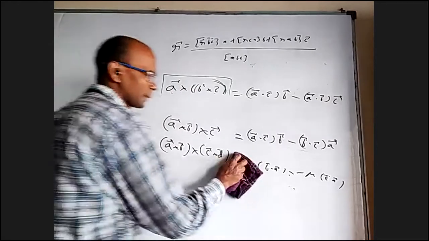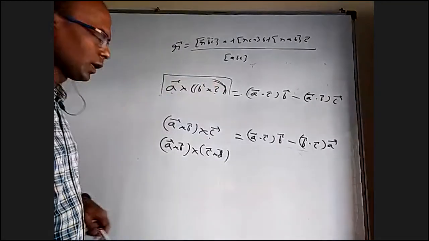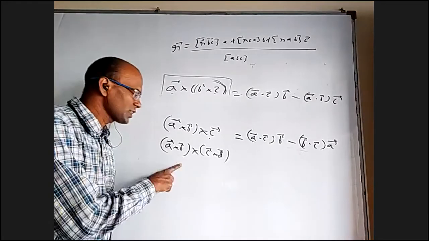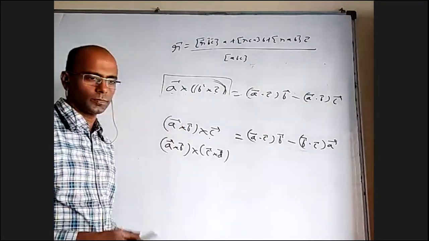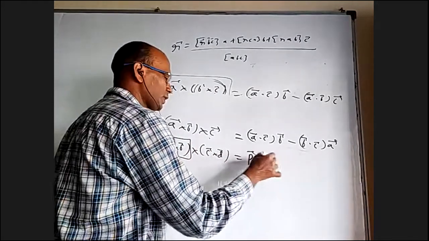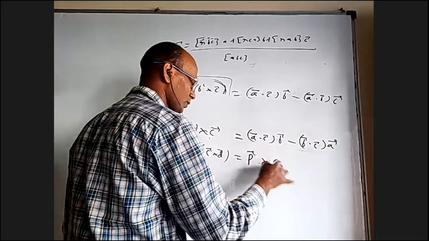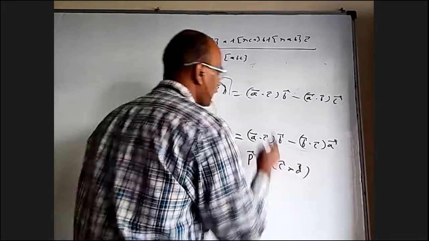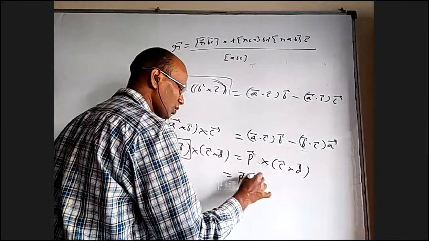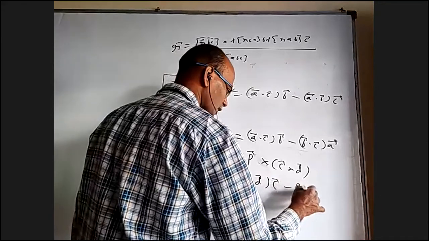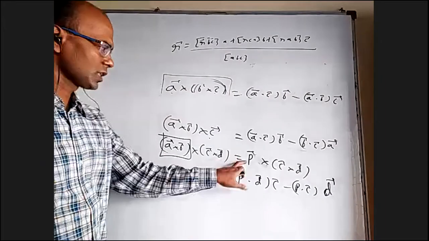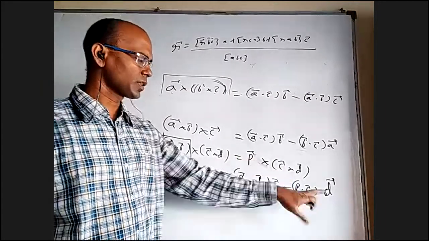Now coming to this one, there are two formulas for this, not one. If you want to write a formula, you have to use this formula. I'll assume this as one single vector, that is P. P cross C cross D. According to this formula, it should be P bar dot D bar into C minus P dot C into D. This dot product with this into this, minus this dot product with this into this.